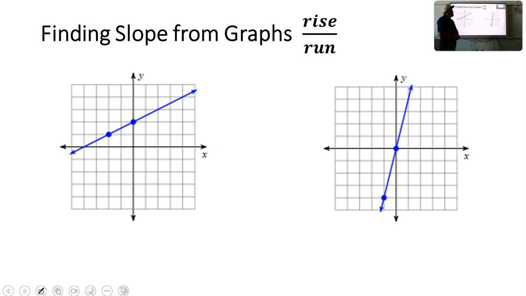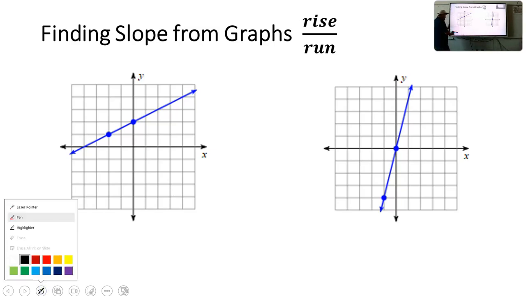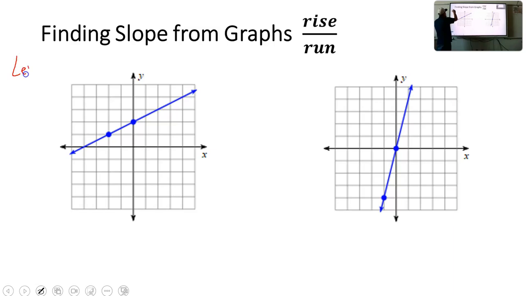So if they give us a graph and they ask us to find the slope, we're just going to do the rise over run. I almost always work from left to right. I just feel like it's easier that way. So I find a point that they identify on the grid, and then from that, I make my way to the point on the right.